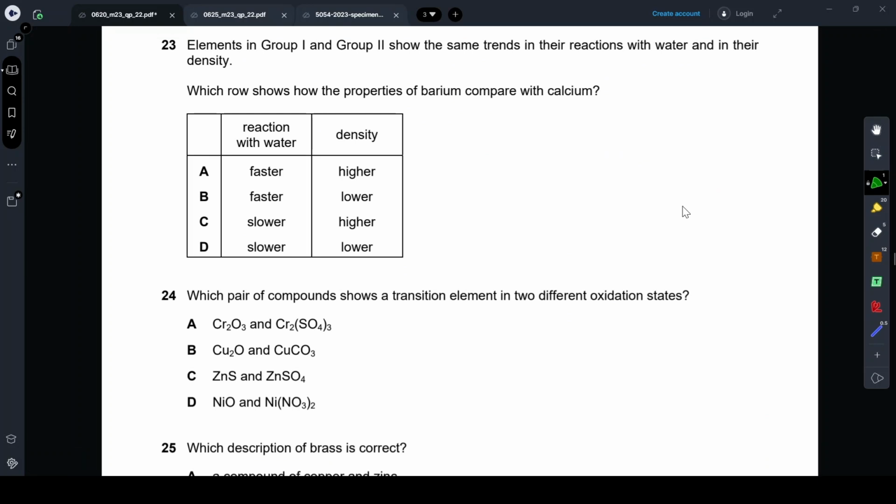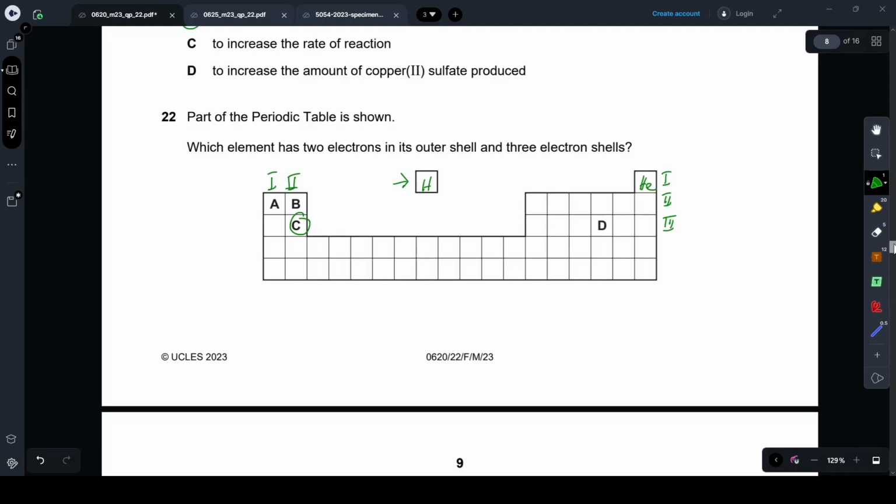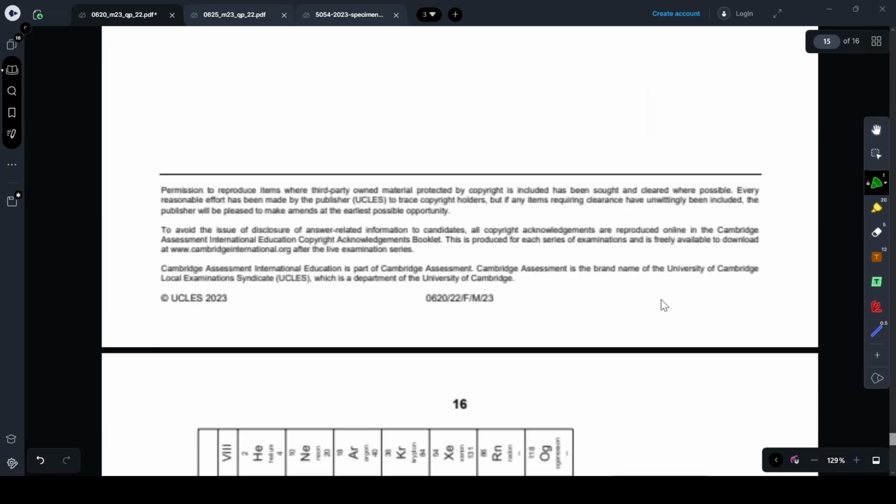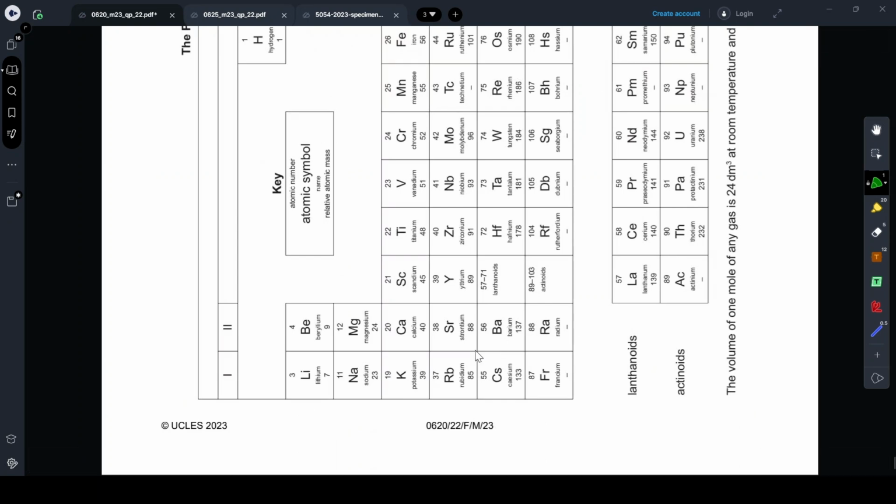Elements in group 1 and group 2 show the same trends in the reactions with water and in their density. Which row shows how the properties of barium compare with calcium? In which group is calcium? Right, so we can take a look at the periodic table. Let's go down. Barium is down here. It's in group 2. Calcium is also in group 2.